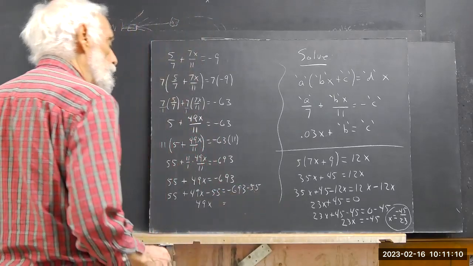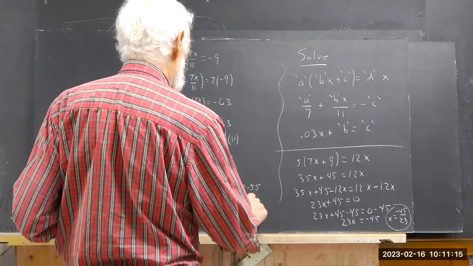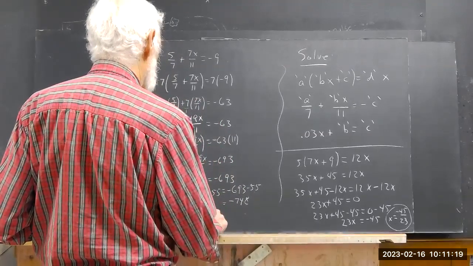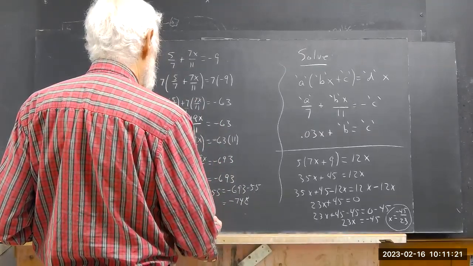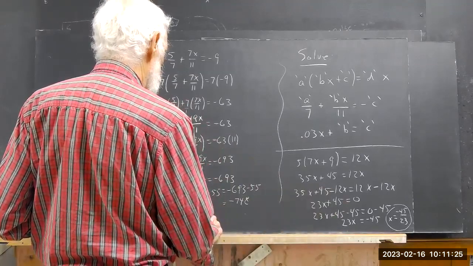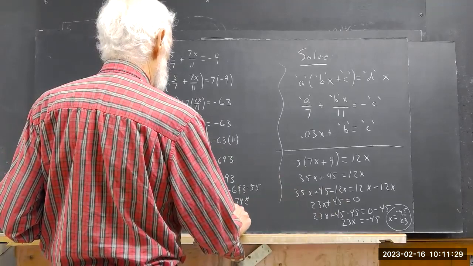And you're going to get negative 748. Then you're going to get 49x over 49. That's a step I skipped over here because I didn't have room to do it. I think everybody's pretty good with that step. We'll go on.